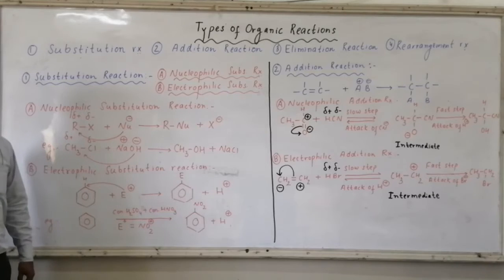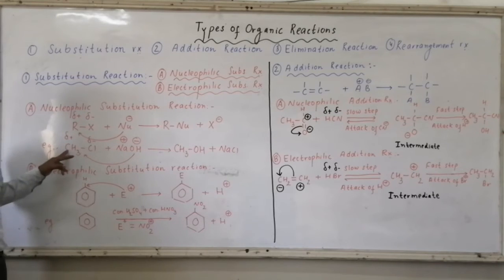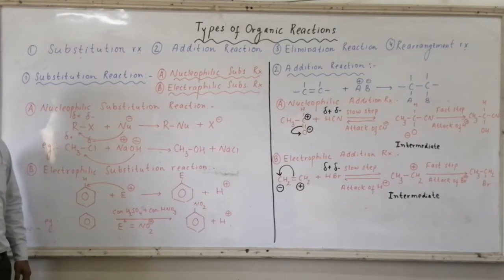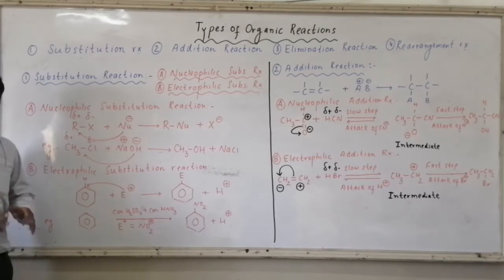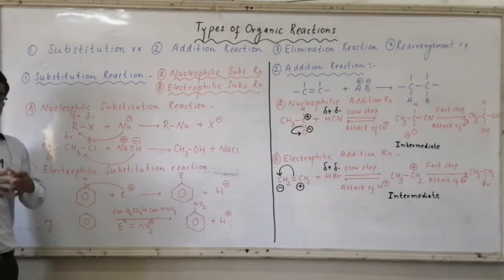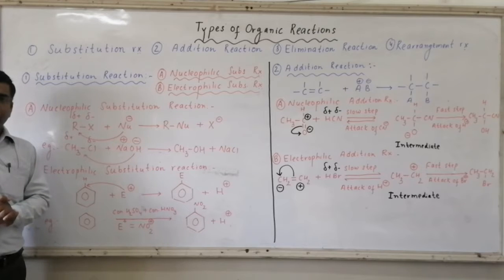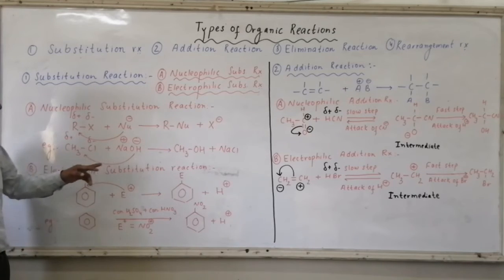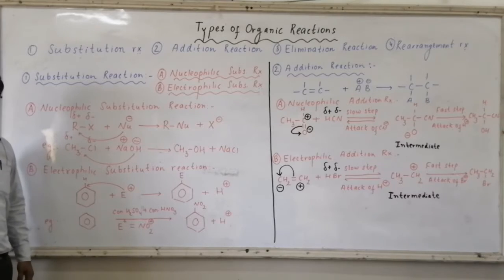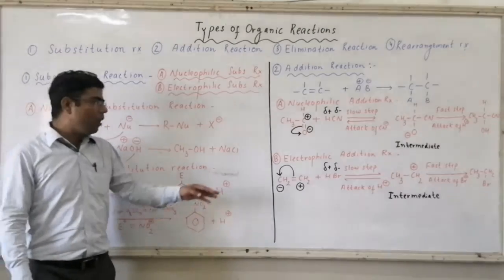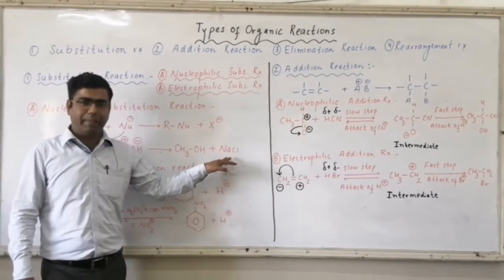Now, OH- will attack over positively charged center, or we can say electron deficient center. It is a nucleophile. OH- is a nucleophile. So it will be attracted towards the positive charge. So when it will attack over carbon atom, Cl- will be removed. This Cl- will combine with Na+, as a result of which we will get the side product NaCl.